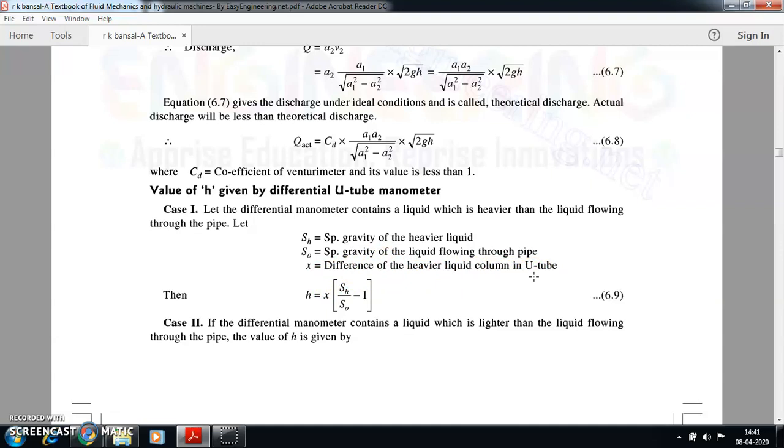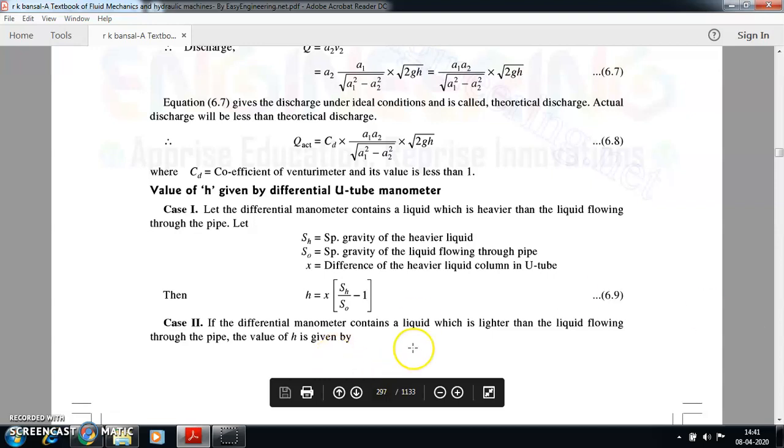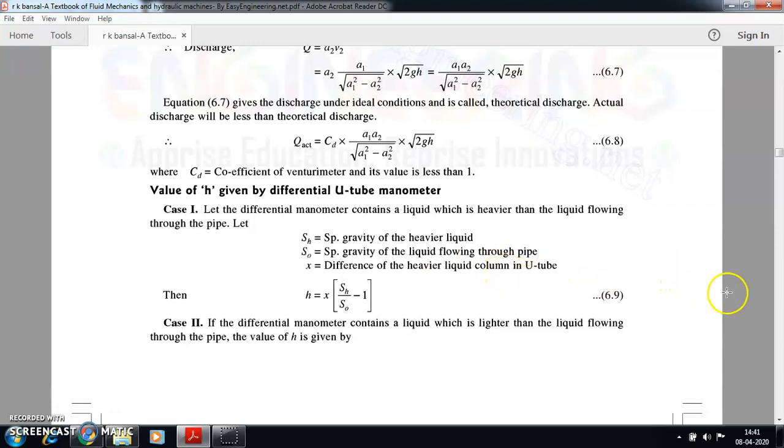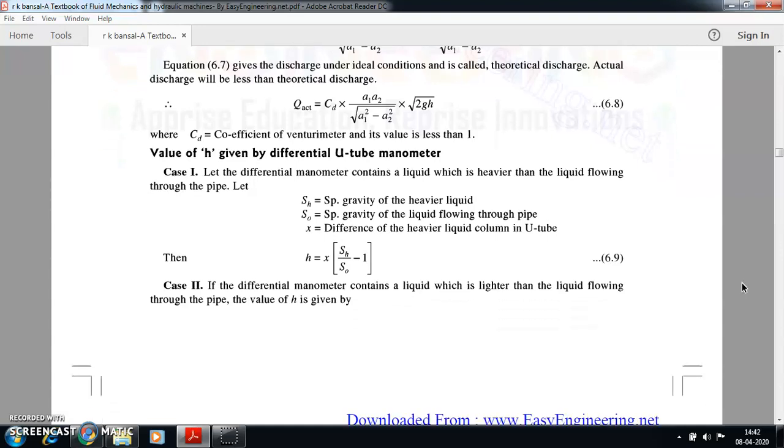So x is the reading that you are going to get. You get the x value and use these equations, in this particular case where you are using a differential U-tube manometer, the pipe is horizontal in nature, and the liquid flowing through the pipe is lighter compared to the liquid inside the manometer.